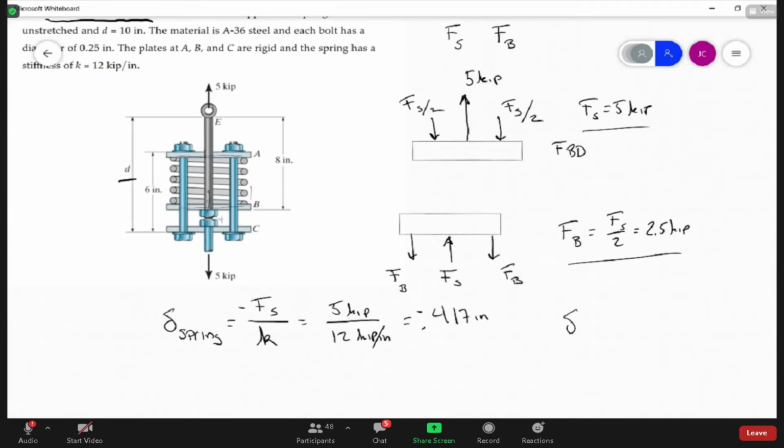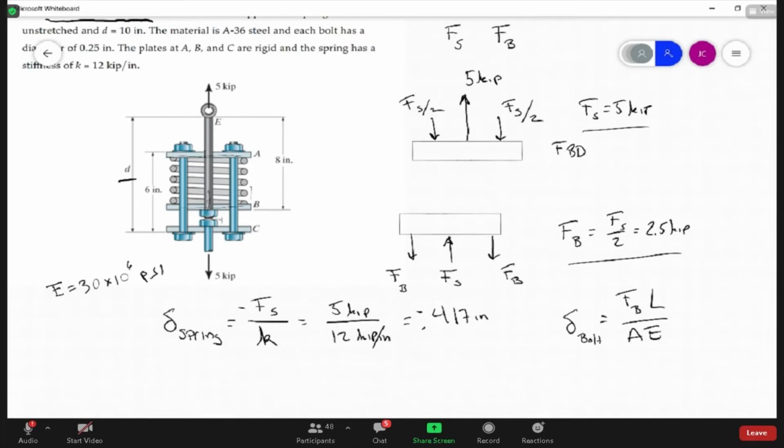Now we can also figure out the elongation of the bolts. The elongation of the bolt is the force in the bolt times the length of the bolt over A times E. It's steel, so we know that E is 30 times 10 to the 6th PSI. And the cross-sectional area, what is it?